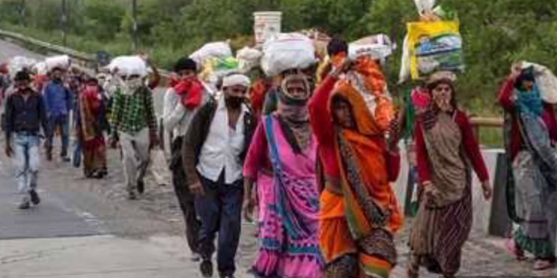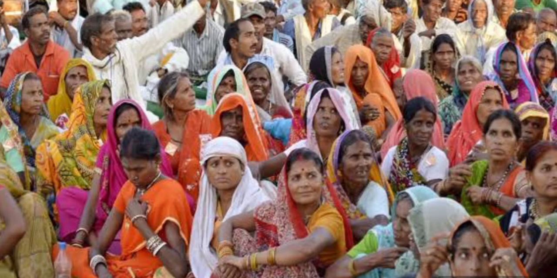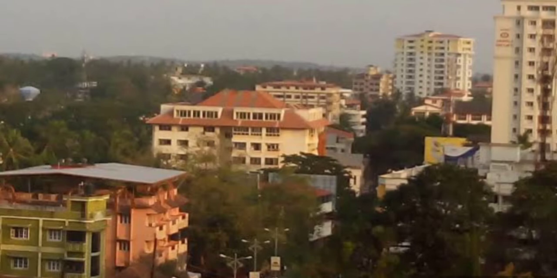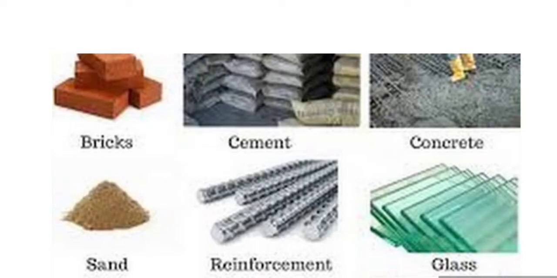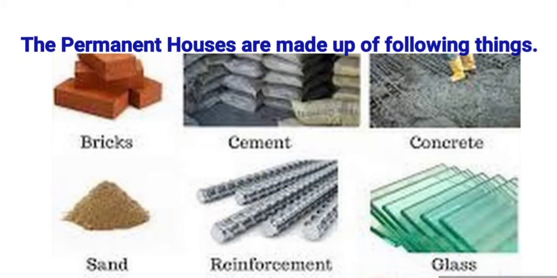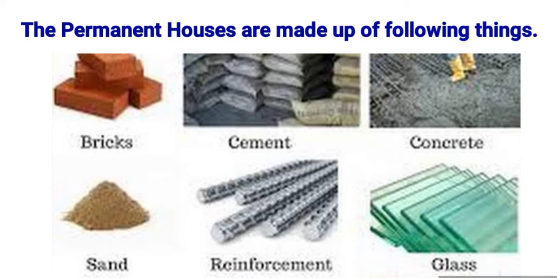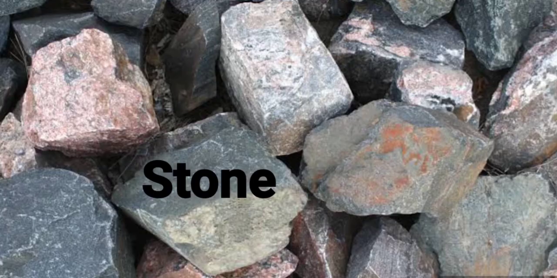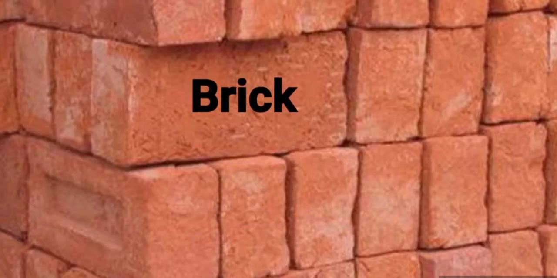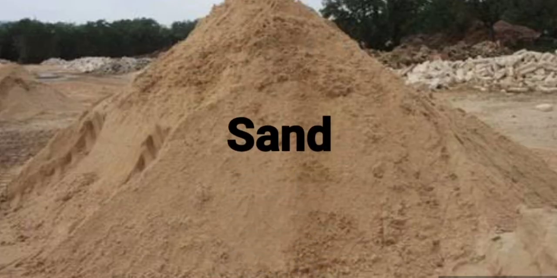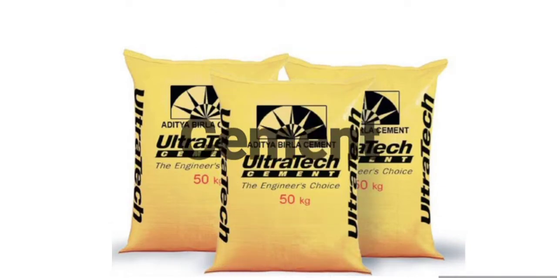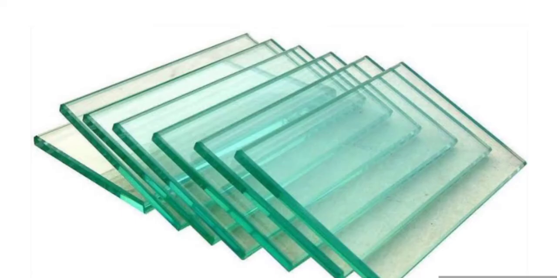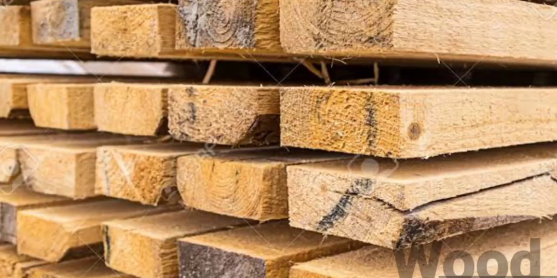When people make a plan to live in one place for a long period, they build a permanent house. To build a house, we need different things. For making the permanent houses, we need stone, brick, sand, cement, steel, glass and wood.